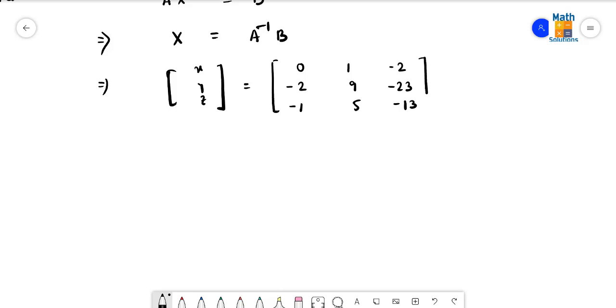This was the result of A inverse. Then the value of B we just got as 11, minus 5, minus 3. We are getting this from the equation itself.